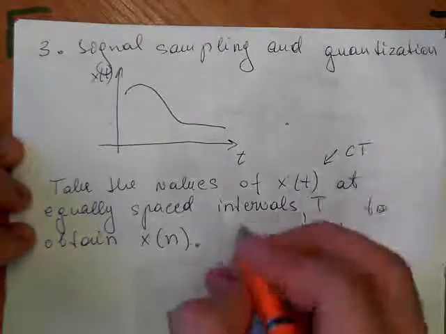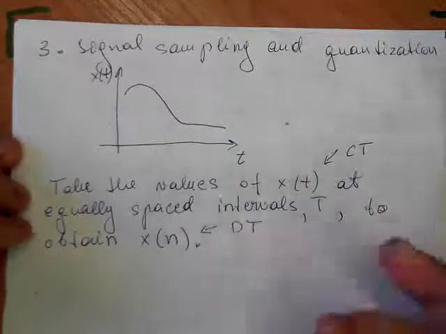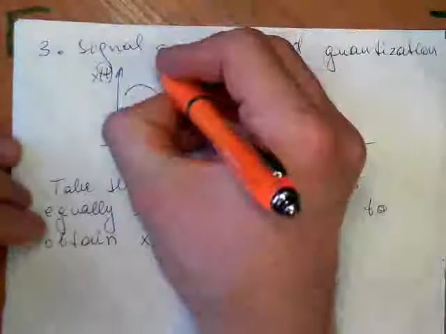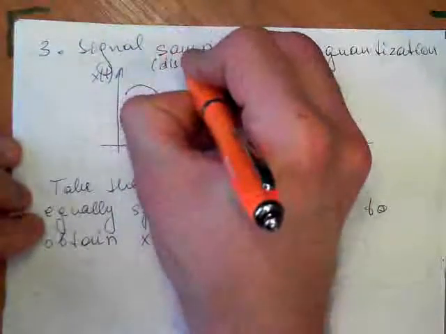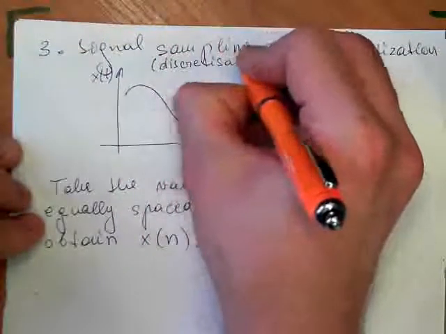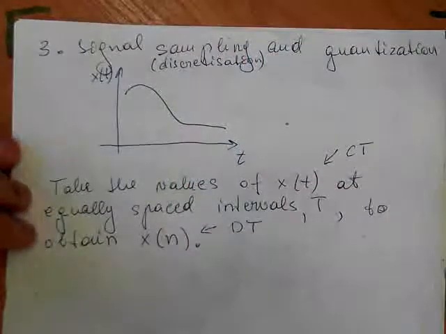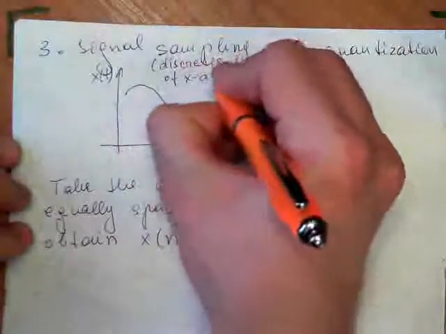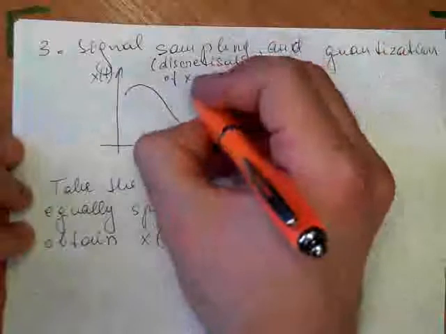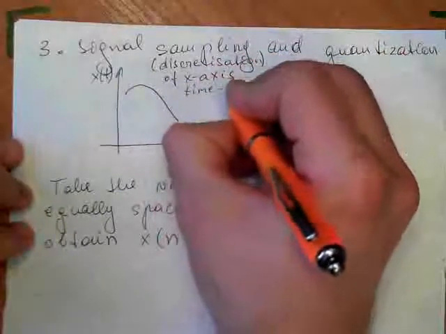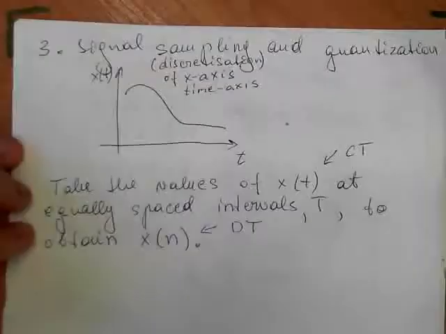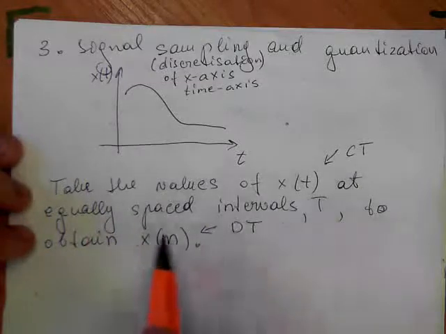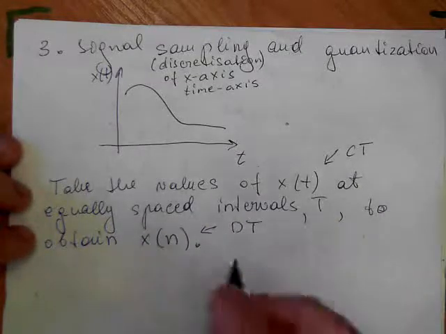This is a continuous time signal and this is a discrete time signal because of sampling. Sampling can basically be called discretization, or in more detail discretization of the x-axis or time axis.